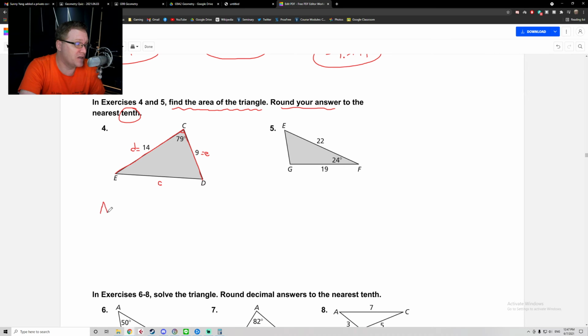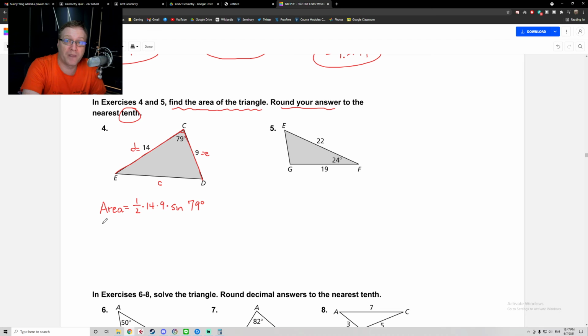Remember, the area is always going to equal 1/2 times this side times this side times the sine of the angle between them, which here is 79 degrees.